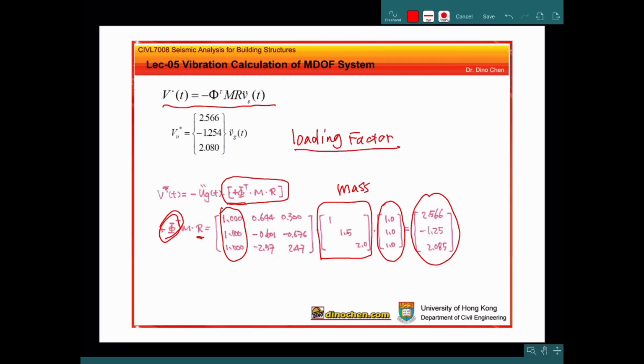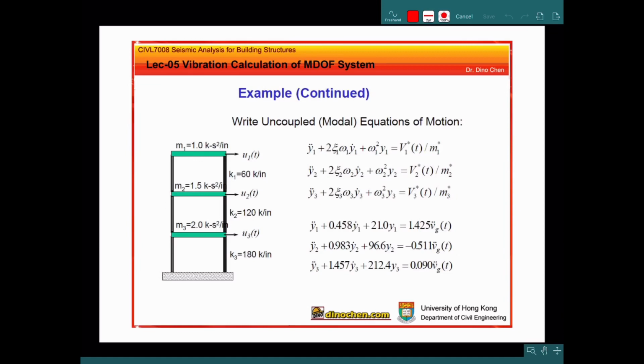This is not the actual loading, because after this one we have to multiply by the ground motion acceleration. We can understand the V equal to minus m a. This a is the acceleration. So acceleration is a series of data, not a certain digit or certain value. So after we compute the loading factor, we already know the loading factor is a certain value, multiplied by the acceleration.